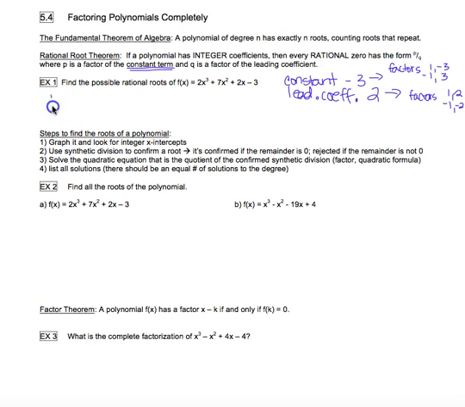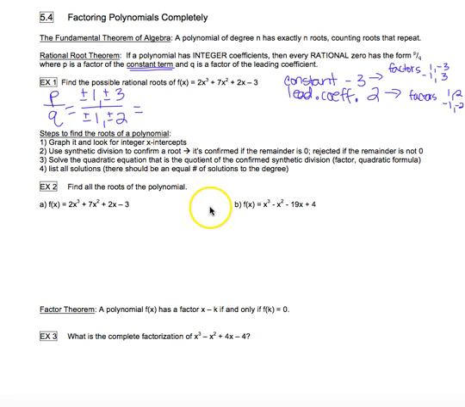So what we end up doing when we do P over Q, P are the factors of the constant. So we have both positive and -1 listed, both positive and -3 listed. Q, we have both positive and -1 and positive and -2.